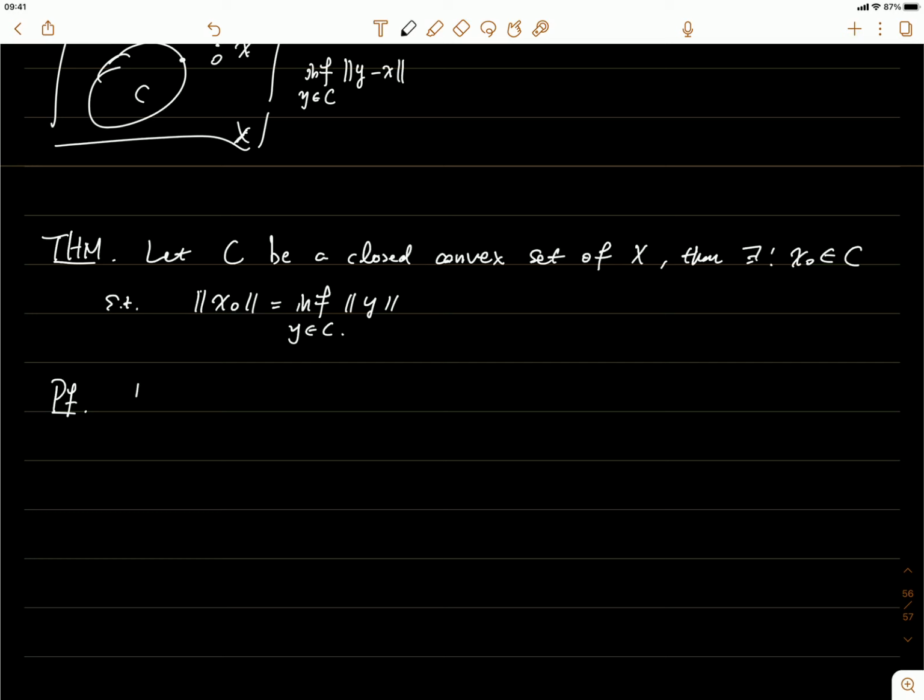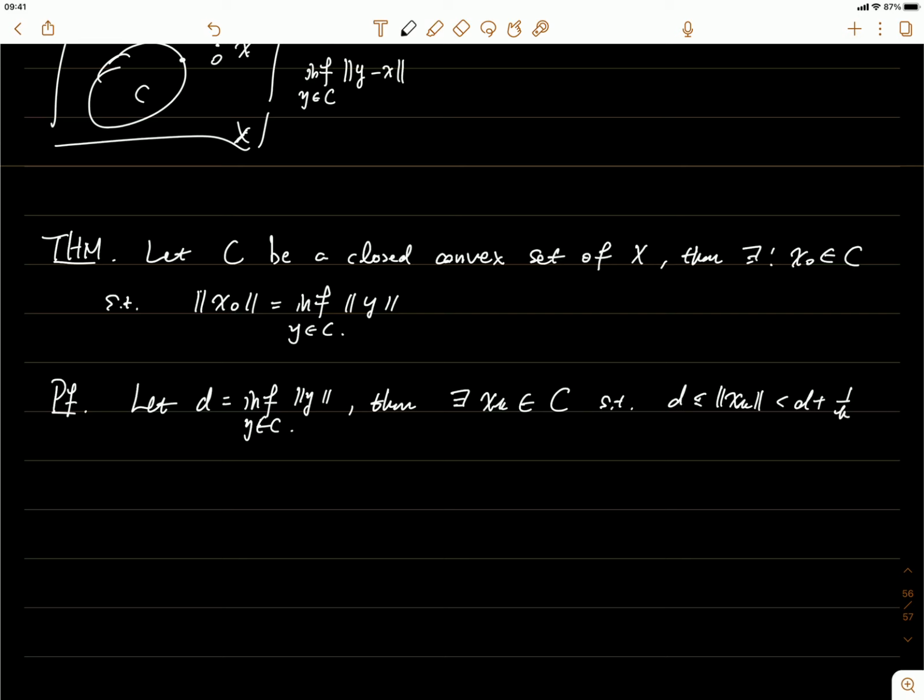So let's define D to be the infimum of the norm of Y over C. Then I know there exists xk in C such that the norm of xk is greater than or equal to D and less than D plus 1 over k.